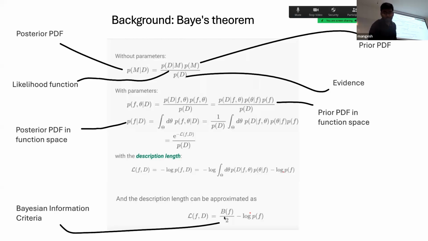So the description length becomes the Bayesian information criterion and log p of f, which is the prior PDF in function space. So basically, what this equation does is balance between your prior and goodness of fit, which is what we intended to do while improving previous best models.